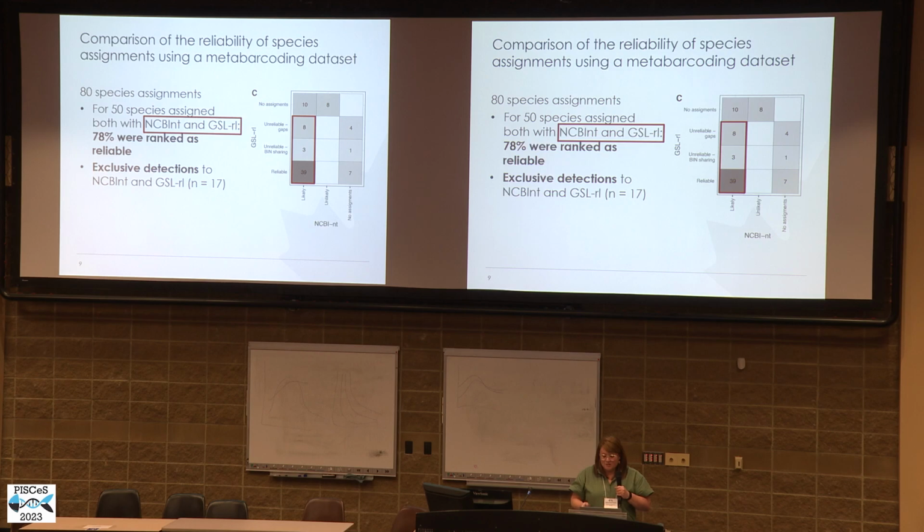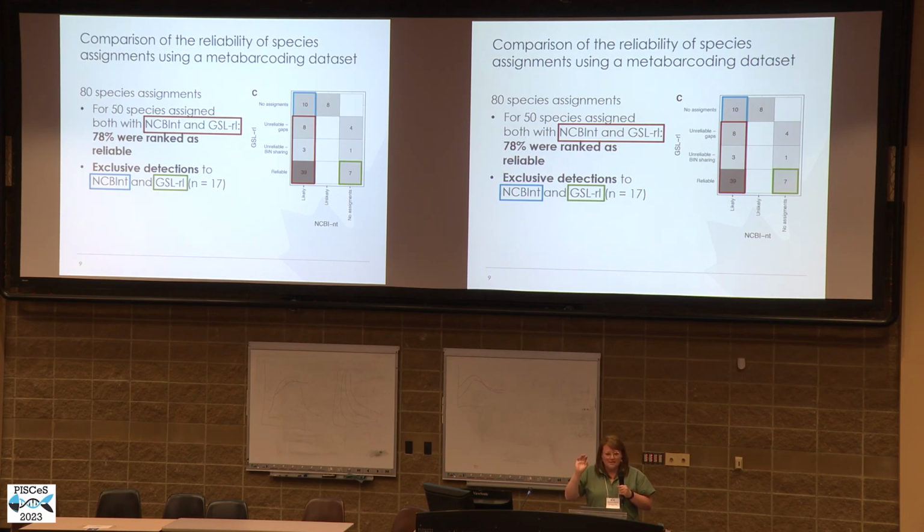And we also get exclusive detections. With NCBI NT, we identified 10 species that were likely present and 8 that were unlikely because they were mostly from the Pacific or Indian Ocean. And the Gulf of St. Lawrence reference library allowed us to identify 7 species.